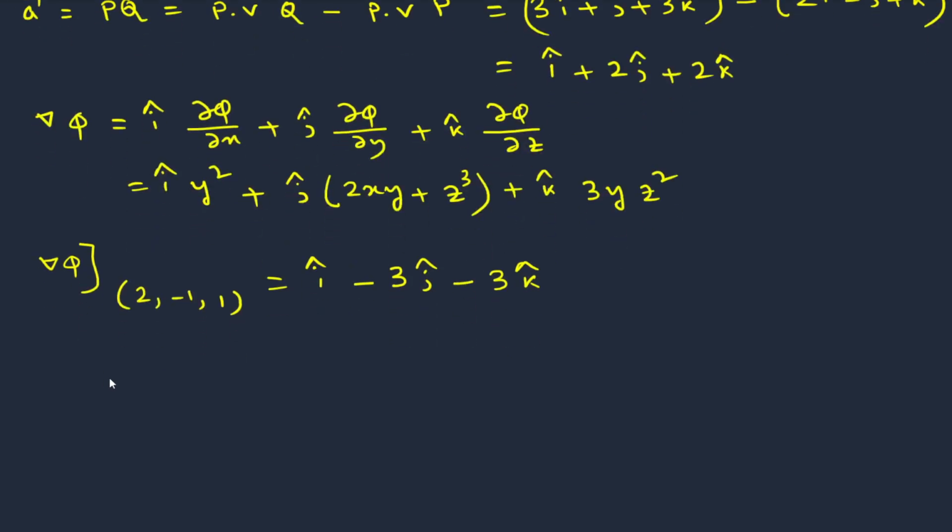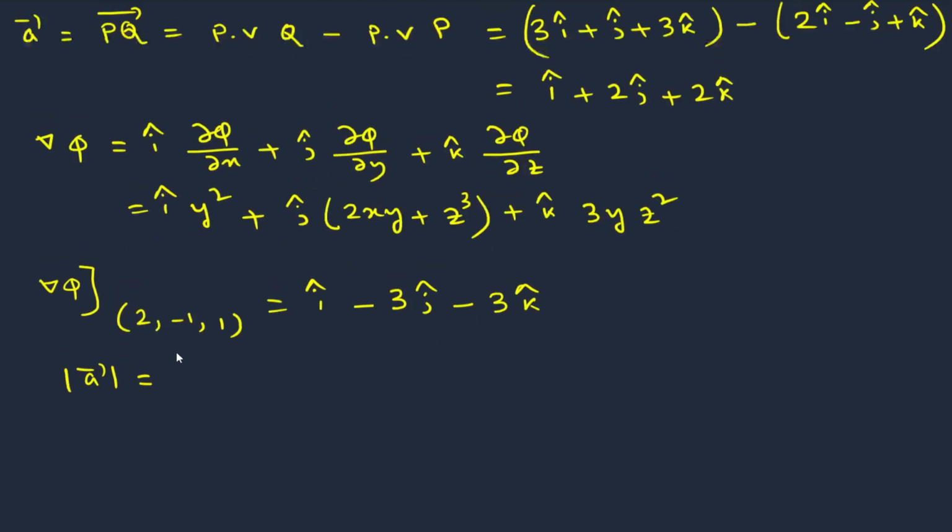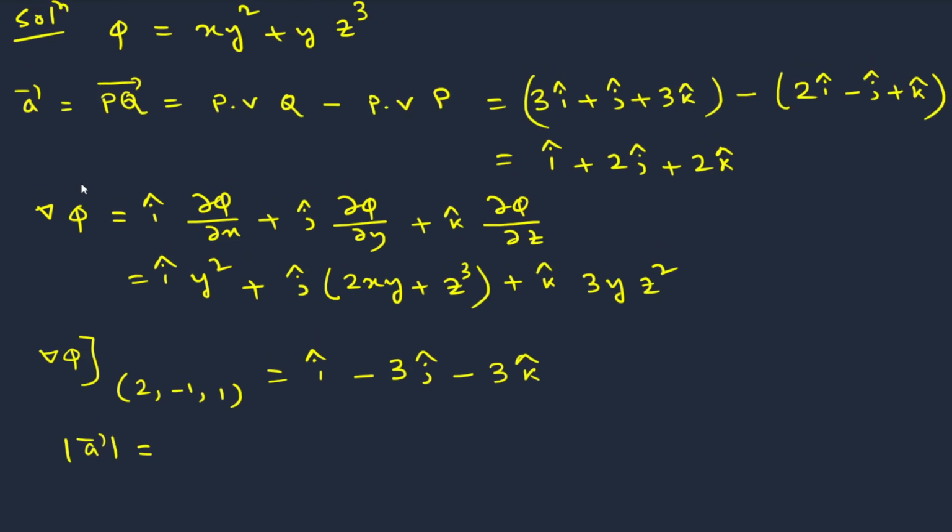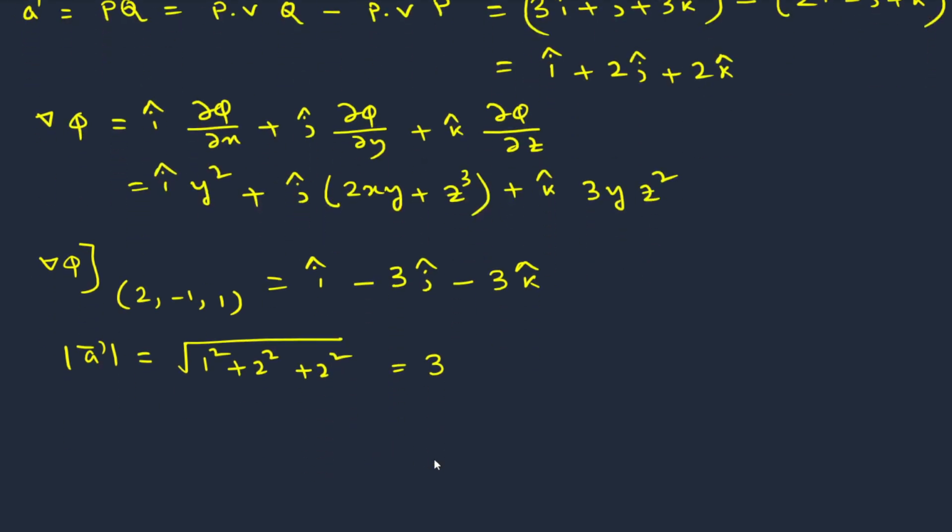Now the directional derivative, but before that you can find the magnitude of a bar. So a bar is which one? A bar is this one, PQ bar. So it's root over 1 square plus 2 square plus 2 square. So again it is how much? 3. Now the directional derivative. So the directional derivative is what? Nabla phi dot a bar divided by magnitude of a bar.